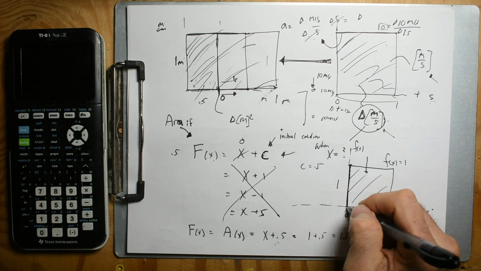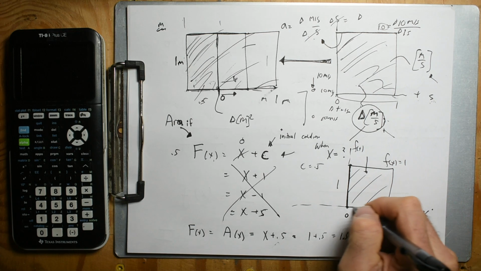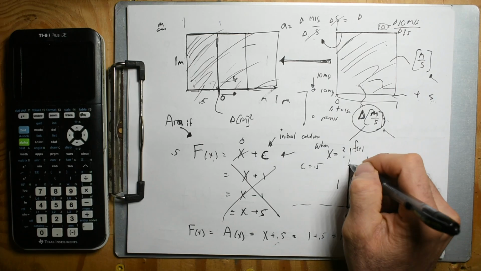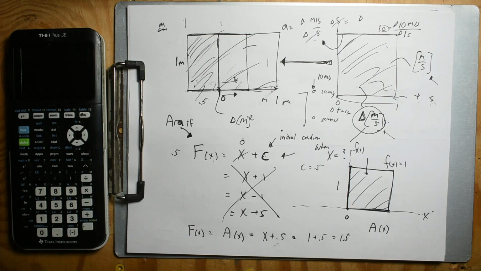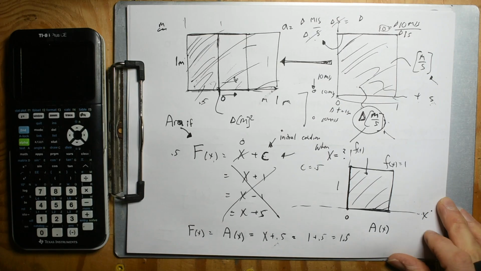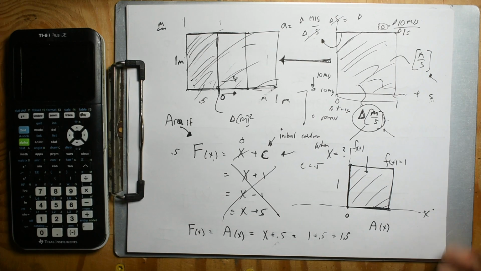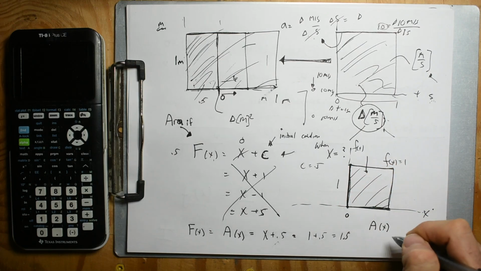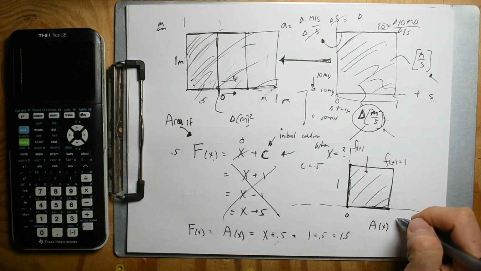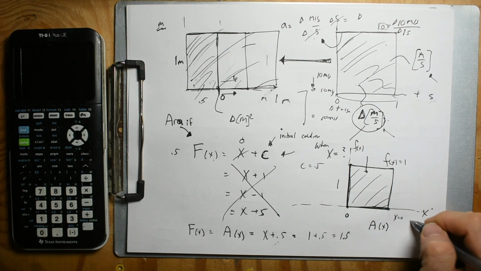And so for a problem like this, the initial condition is that if x is 0, the area is 0.